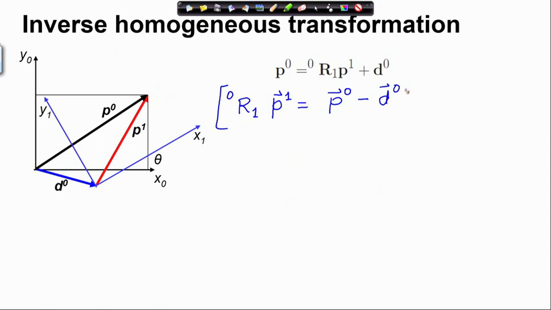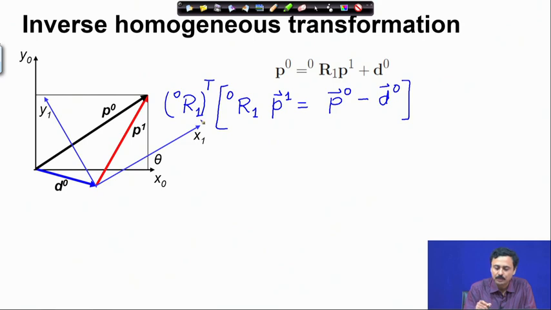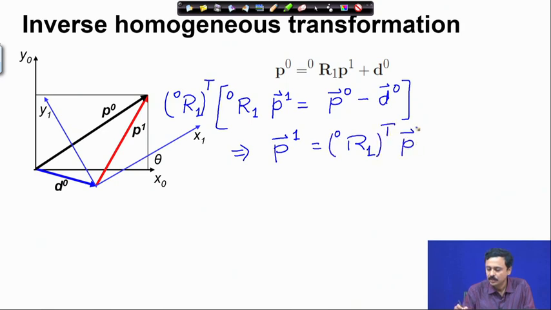If I pre-multiply this equation by the transpose of R 1 to 0, since the transpose of R 1 to 0 is the inverse of R 1 to 0, this implies P 1 is equal to R from 1 to 0 transpose P 0 minus R 1 to 0 transpose D 0.